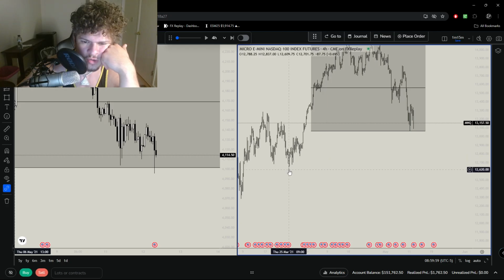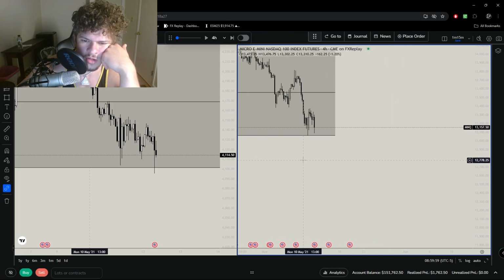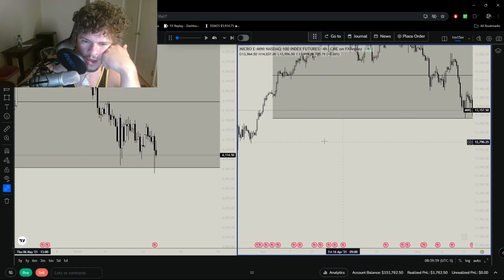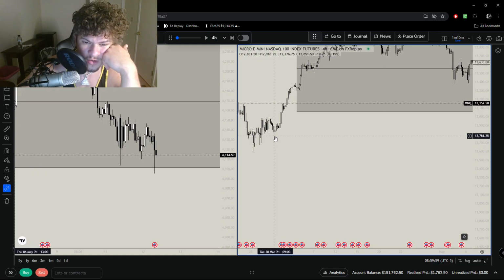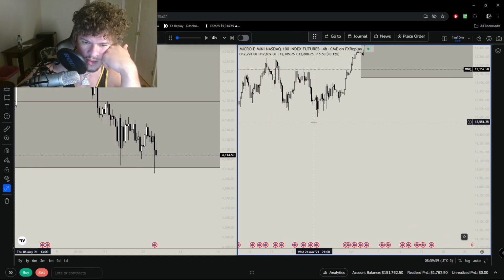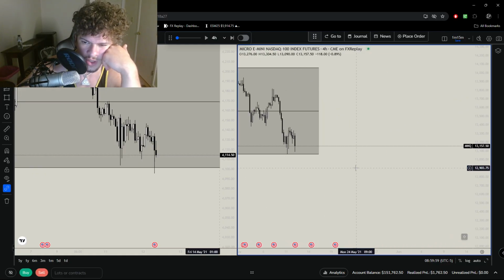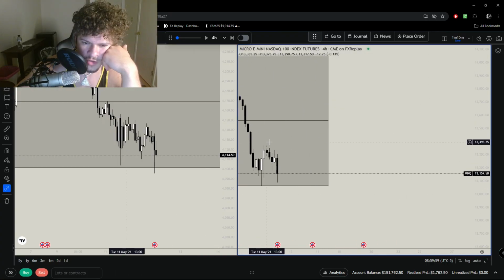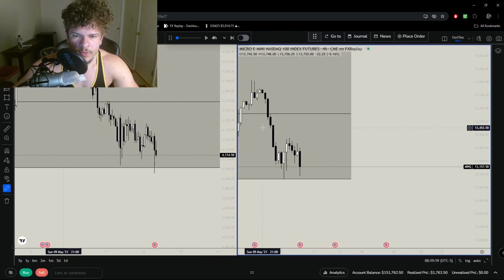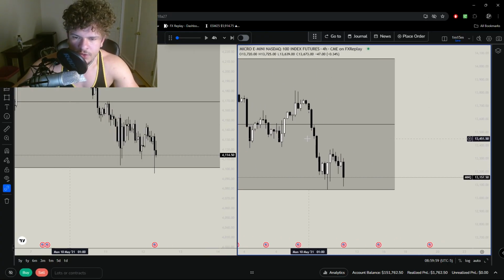But essentially, the question would be, where are our draws on liquidity? We could go for these resting lows, but we also have this fair value gap in here. So this is a day where I could literally see price going either way.